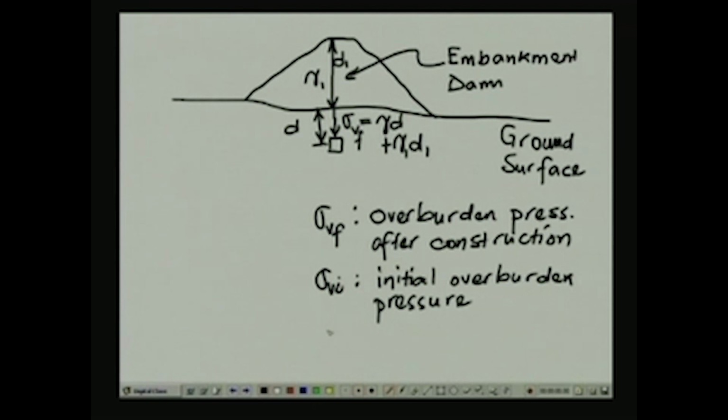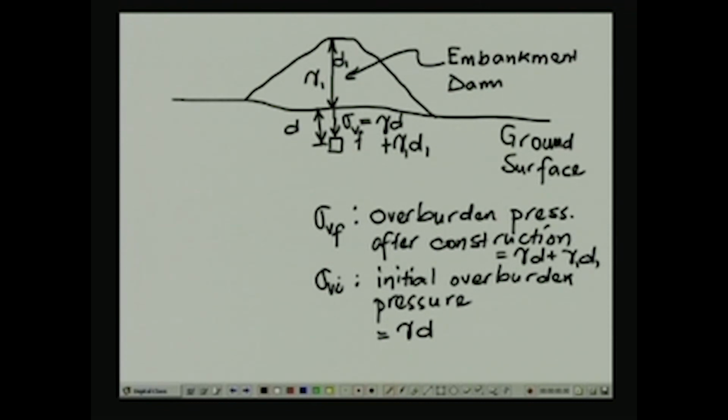So, in this case sigma Vi is equal to, as we have said in the sketch there, gamma times d, whereas sigma Vf is equal to gamma times d plus gamma 1 d1.